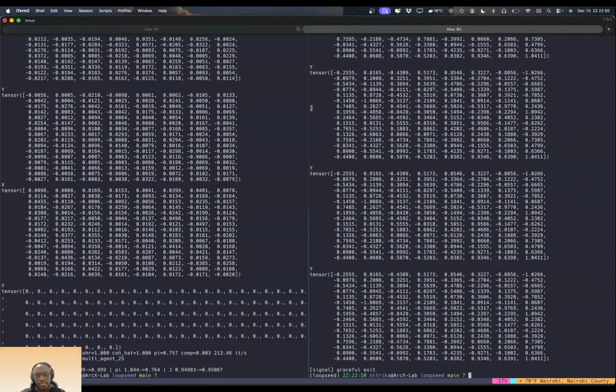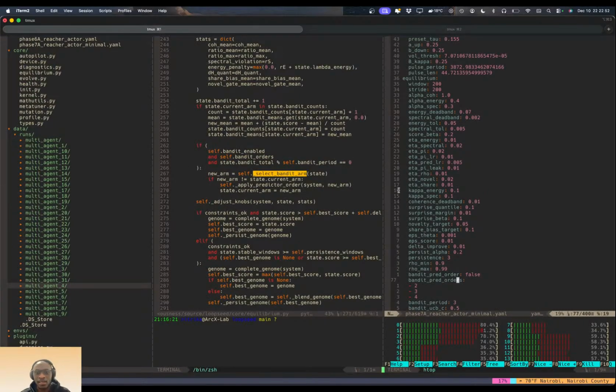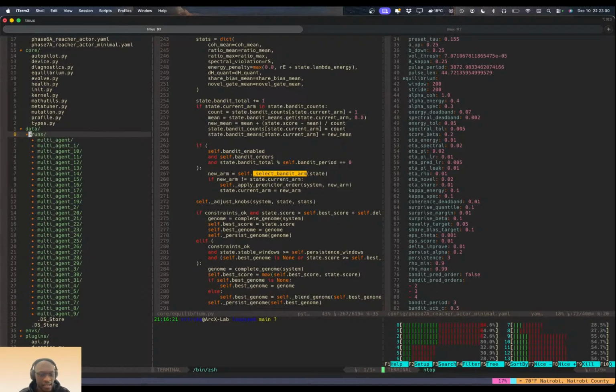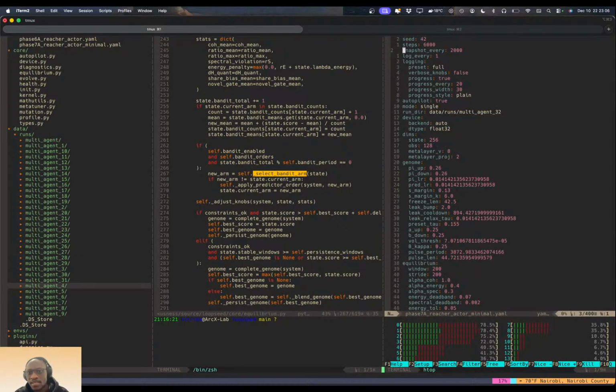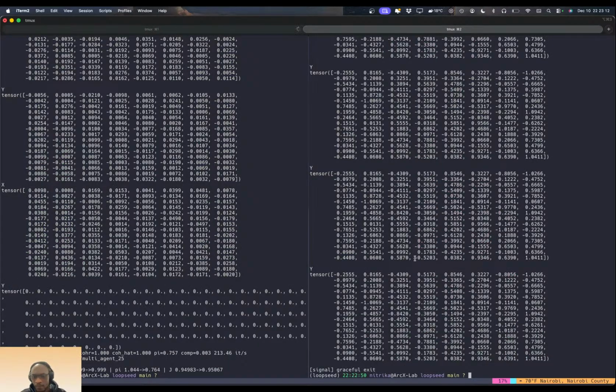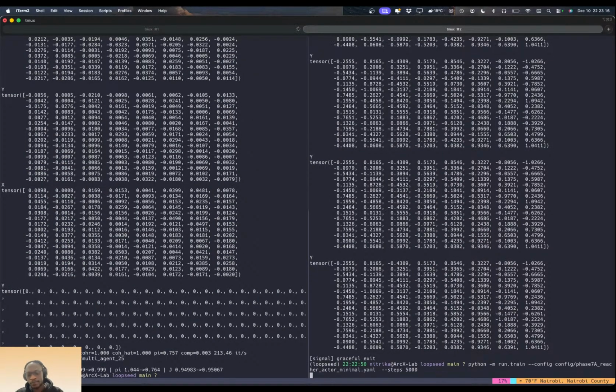Oh, wait a minute. The logs will be a lot, so I don't think we'll see the effect very well when we are logging every step. We need to log every maybe 20 steps. Let's make it 20 so that we see clearly what's happening. And run again.